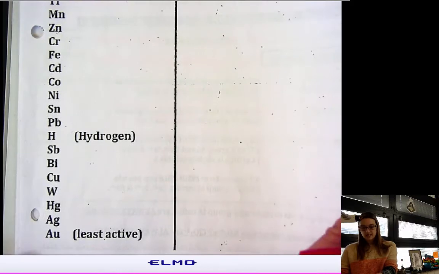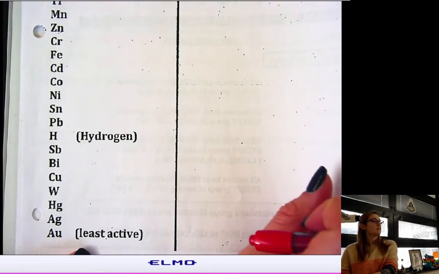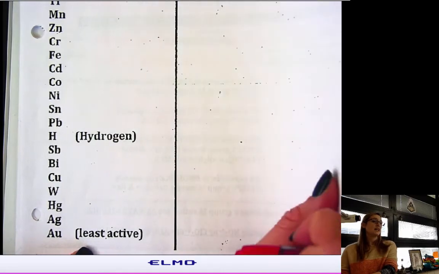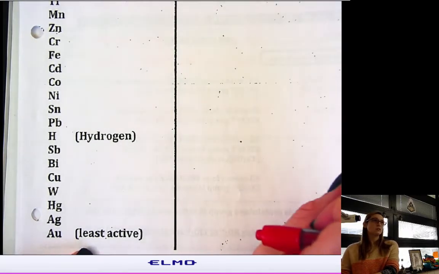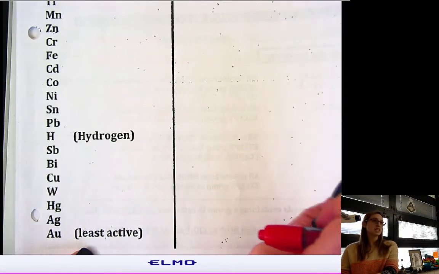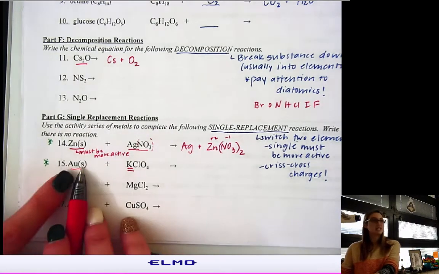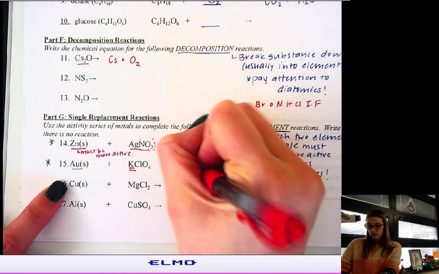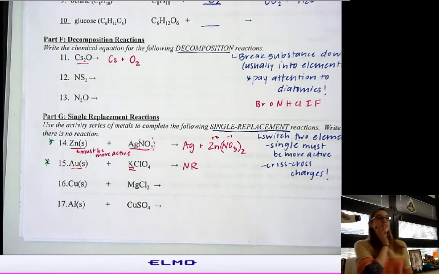If I take a look at this activity series, gold is the least active. So since gold is the least active, we can think about it this way, gold is lazy. Doesn't want to do anything. So if it's by itself and doesn't want to do anything, it's going to stay like this. We're going to write NR for no reaction. So if the one by itself is not more active, we just write NR.